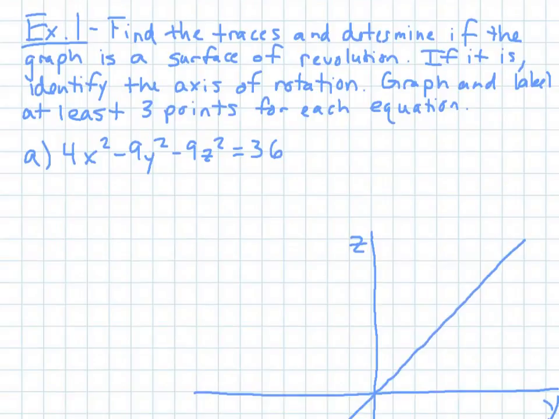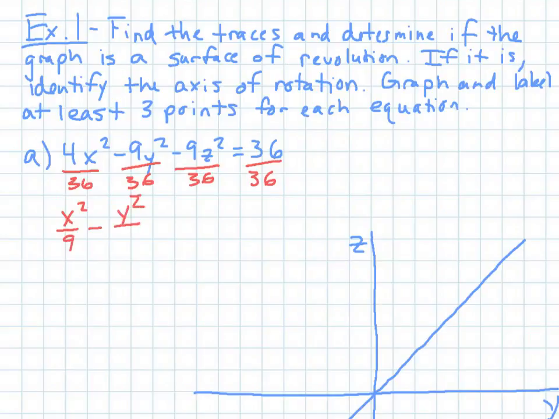So I'm going to divide everything by 36. So once I do that, I can reduce. So x squared over 9 minus y squared over 4 minus z squared over 4 is equal to 1.